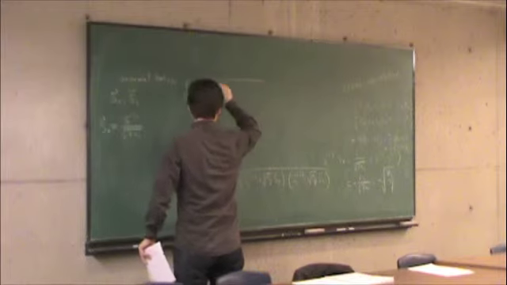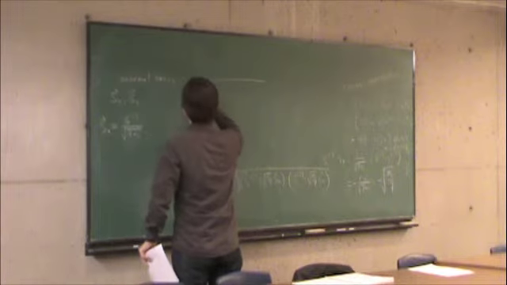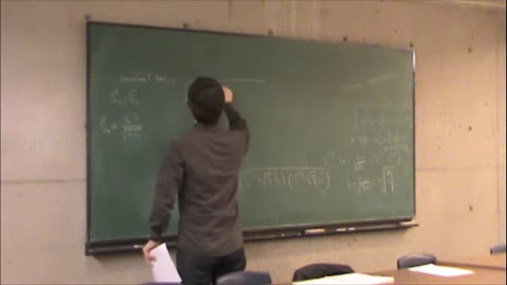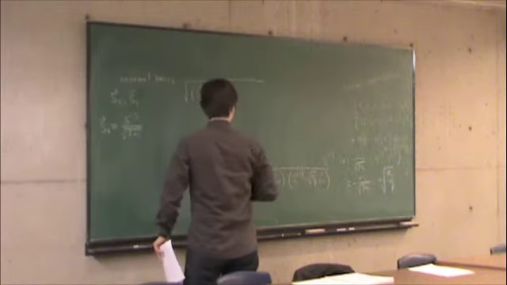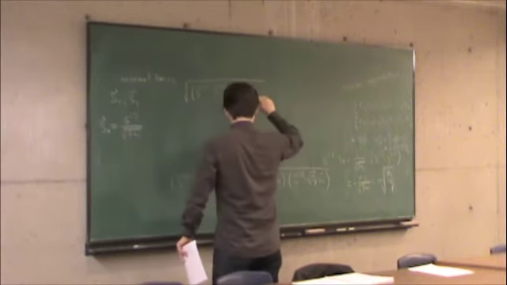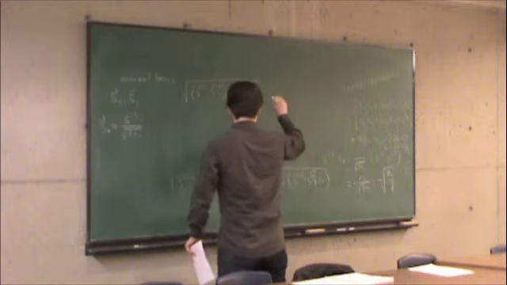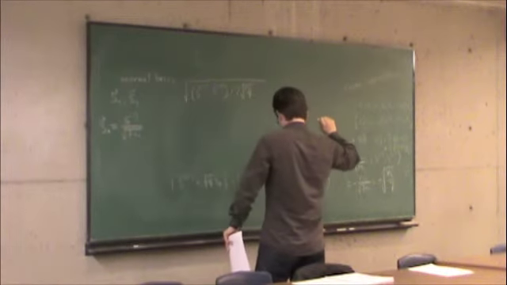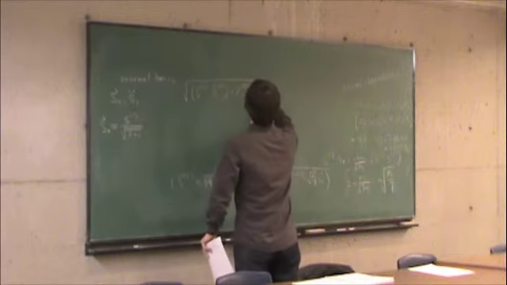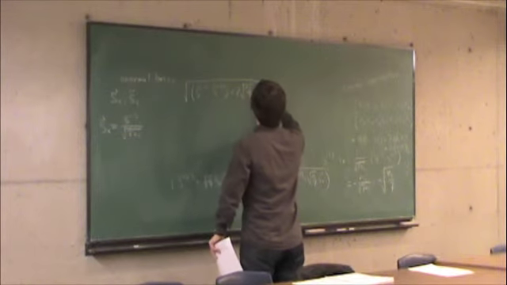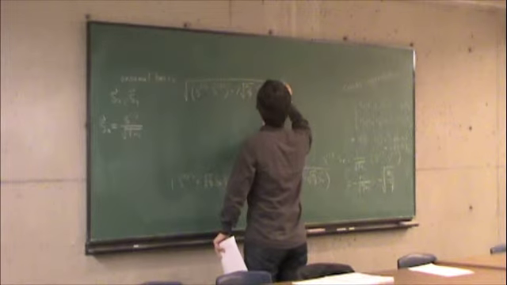So I get S2 dot S2 plus 2 root NC over 7 S2 dot Sx.